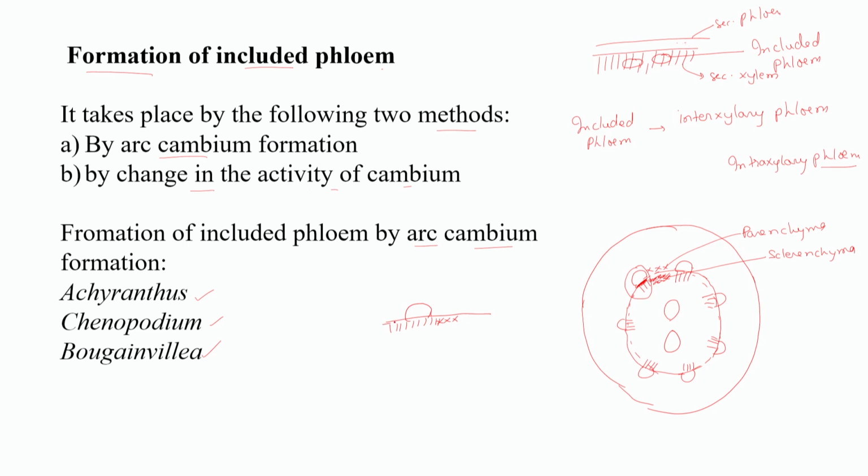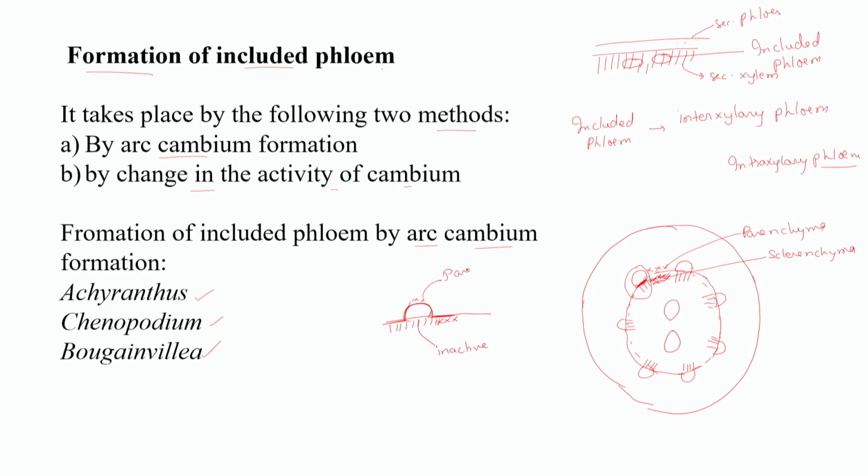Now, if this is becoming inactive, what will happen? Above this phloem region, another cambium will arise in an arc. Above this phloem, definitely parenchymatous tissues are there.